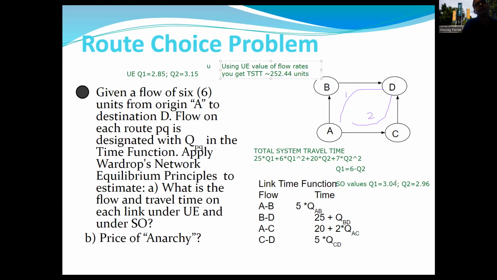But if you use these values that are system optimal, using SO values of flow rates, you get a total system travel time of only 252 units.